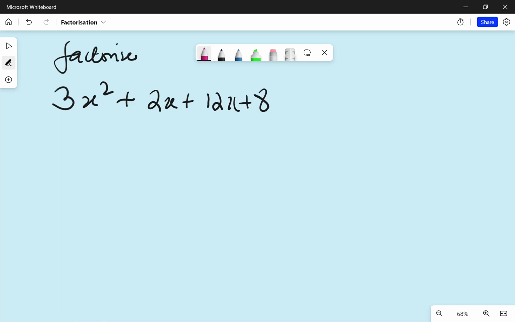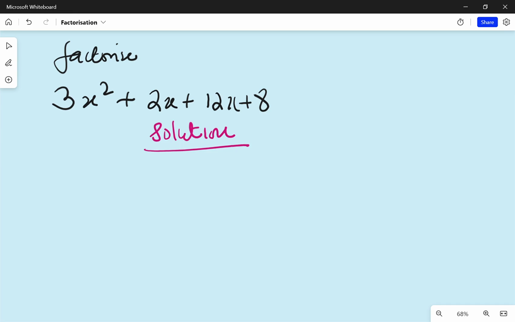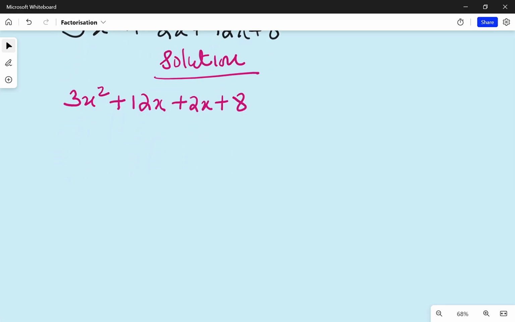Solution. For this one, we can rearrange. I'll have 3x squared, plus I'll bring the 12x, plus 2x plus 8. Now my middle part is just this one there.